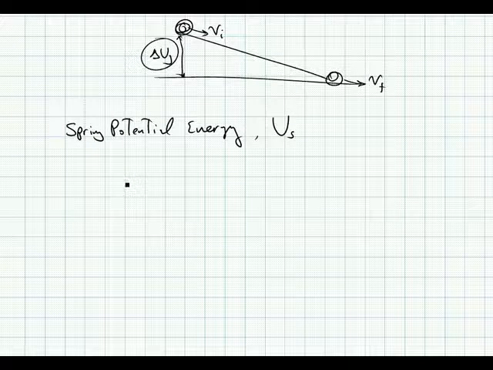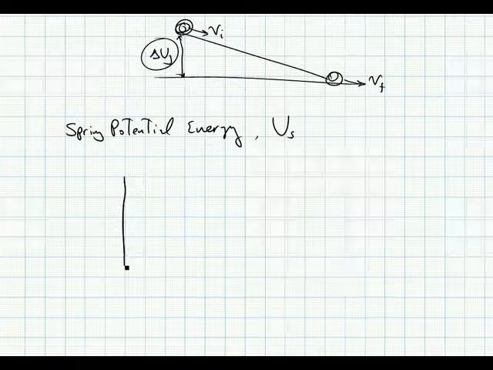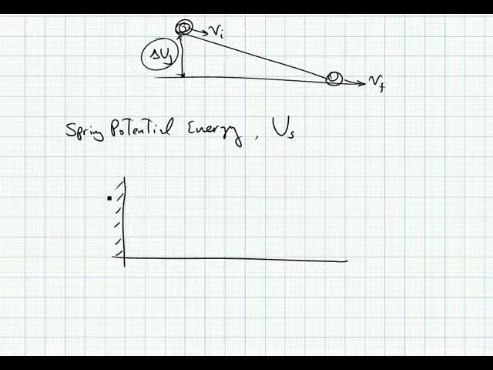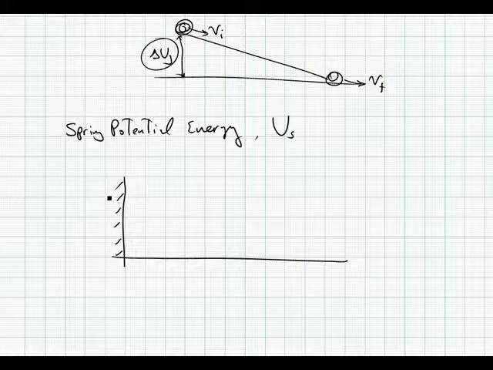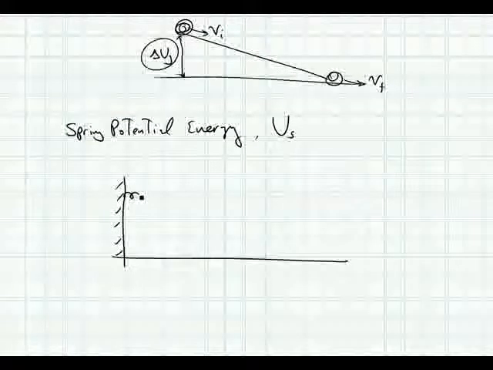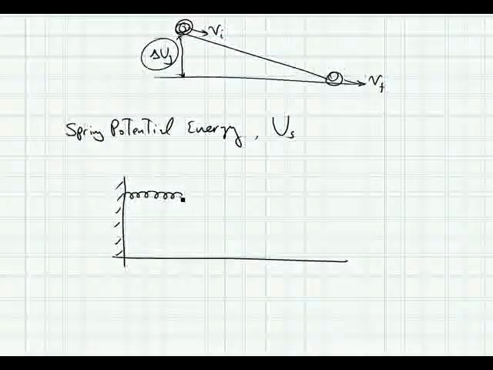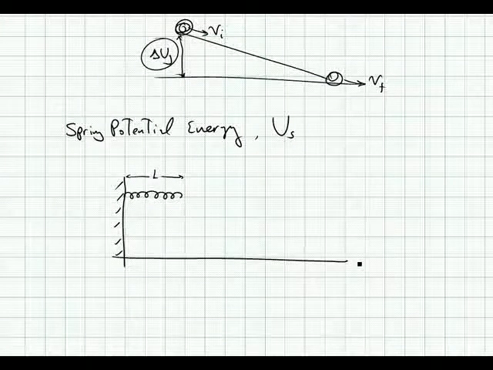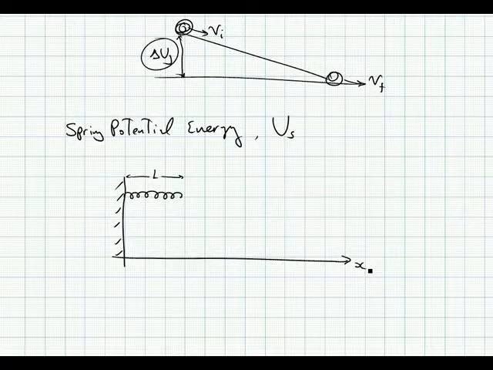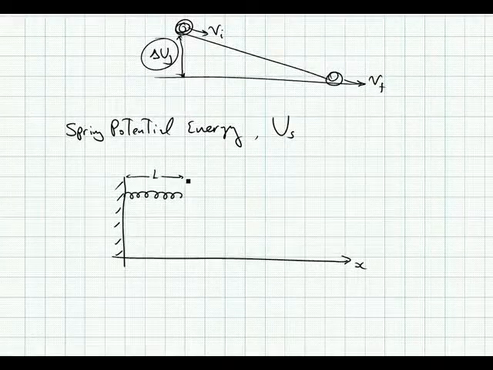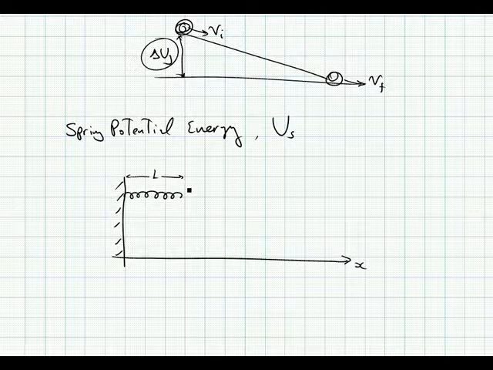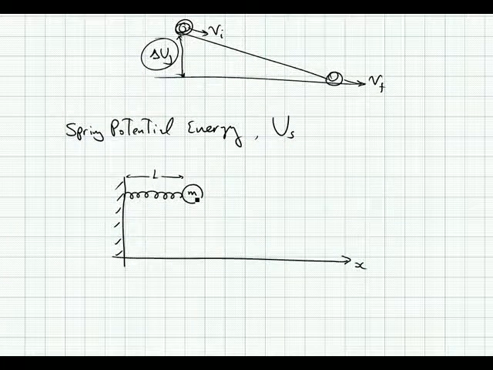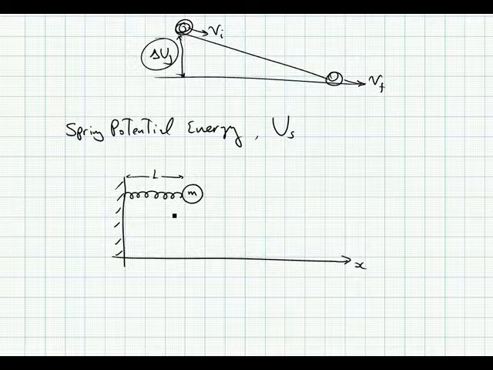So let's consider a spring right up against a wall. Let's say the spring has a length L. It's a horizontal spring, and we have an object with mass m in contact with the spring.